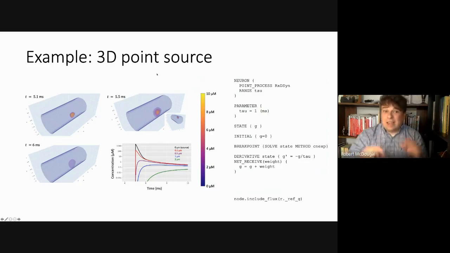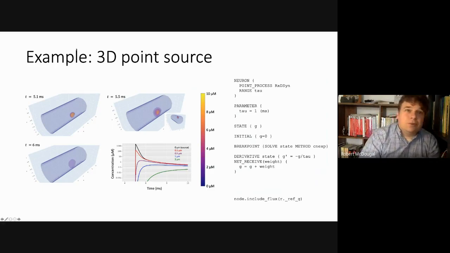So if I'm doing a 3D simulation, I care maybe not just that the input is coming into this particular segment. I may care very much about whether it is here or here. It doesn't matter that much electrically if it's just an ionotropic receptor, but if it's a metabotropic receptor and I've got something here and something right next to it that are going to interact, that's different than something on the opposite side of the dendrite.